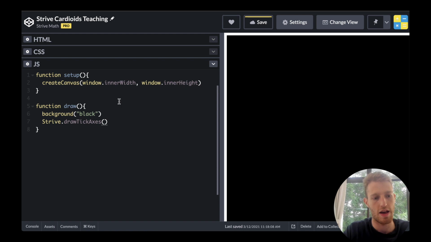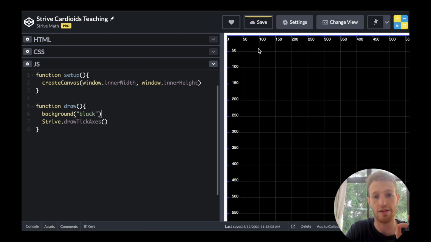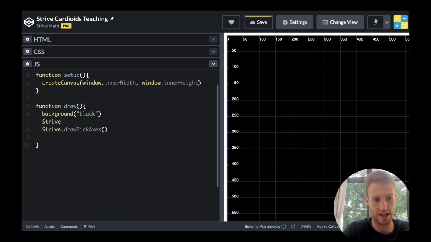Okay. Next, what we want to do is move our 0, 0 point into the middle, because currently it's at the top left corner. We want to have a circle that's centered. So in order to do that, I'm going to say strive.translate to width over 2, height over 2.